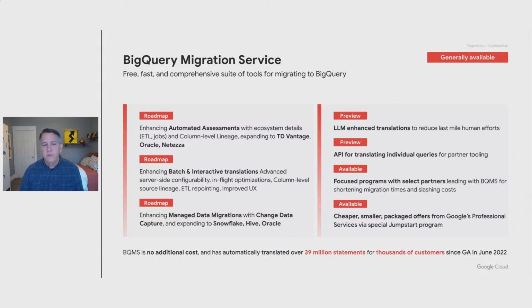And we've had over 650 customer accounts using 21 million SQL queries using batch translation, really getting the benefits of these free tools. Next year, we're going to leverage the power of LLMs to reduce the effort for translations. We're also offering new programs with both Google Professional Services and our partners to help customers with migrations. And so look for a lot of new capabilities coming in 2024.